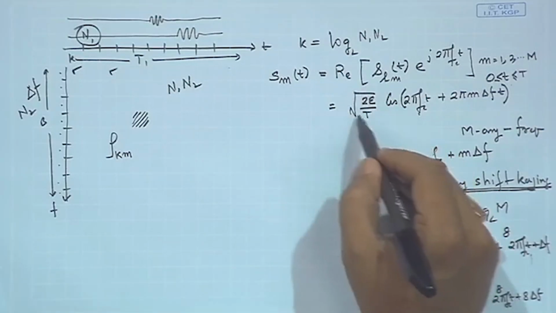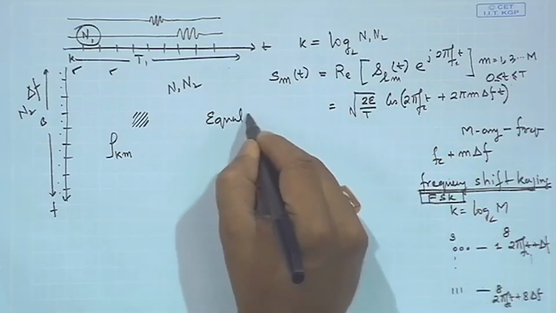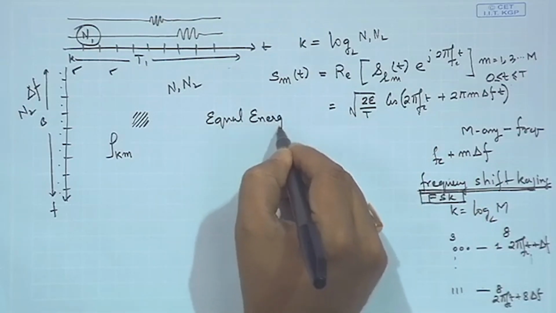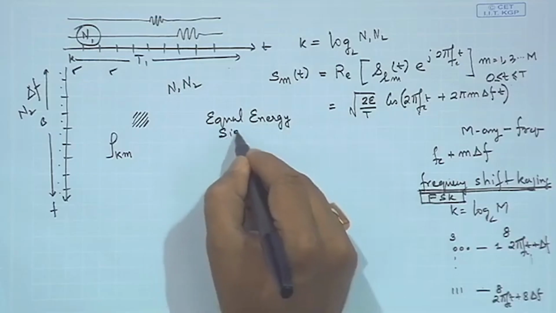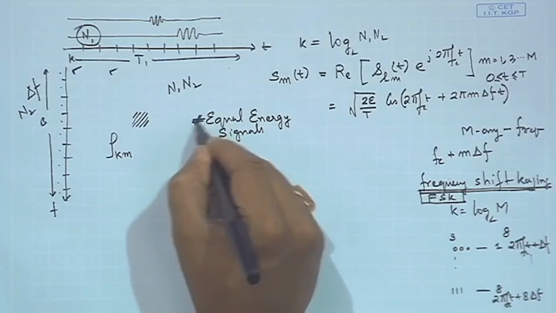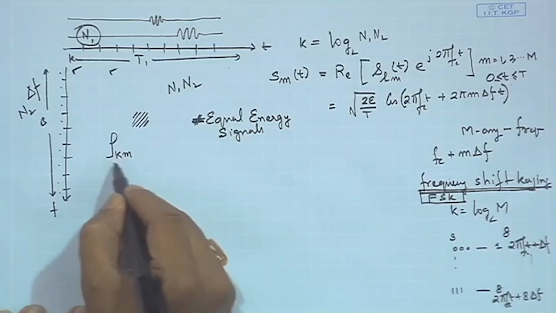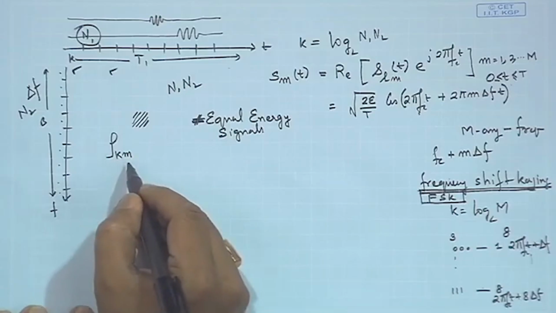So, if amplitude is fixed, that means you have equal energy signals.